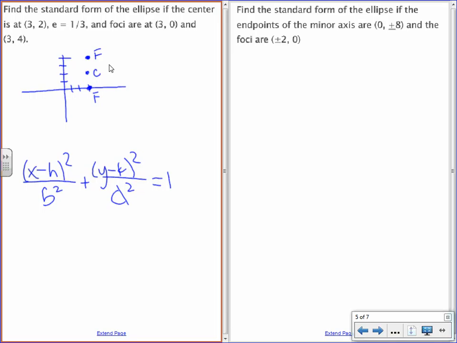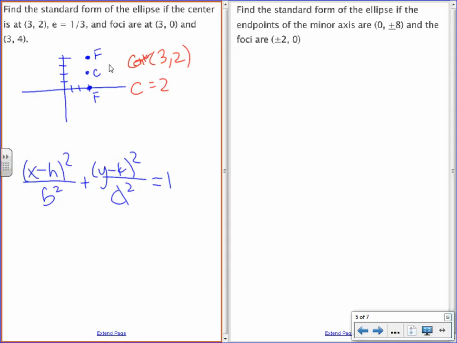And they've told us that the center is at (3, 2). Okay? Pod 2, what else do we know? c is 2, because the distance from the center to the foci is 2.